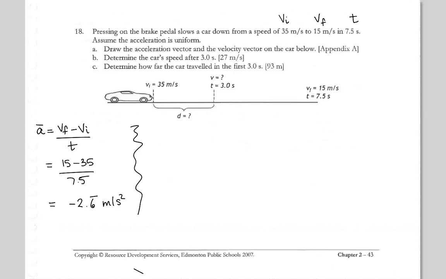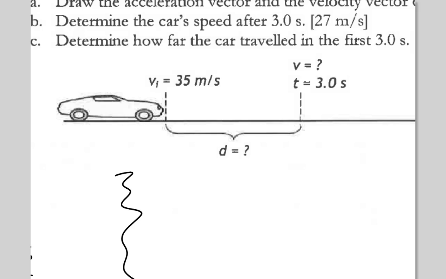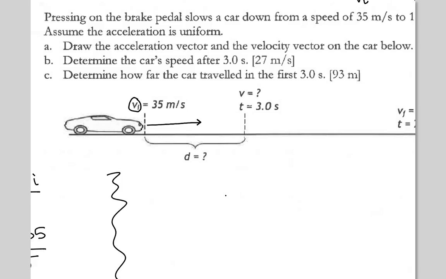Now we can see what this question wants. Draw the acceleration vector and the velocity vector on the car below. At this first moment in time, your velocity vector might look like this. This is for VI. Now, over in this moment of time, here's the car, just a box.